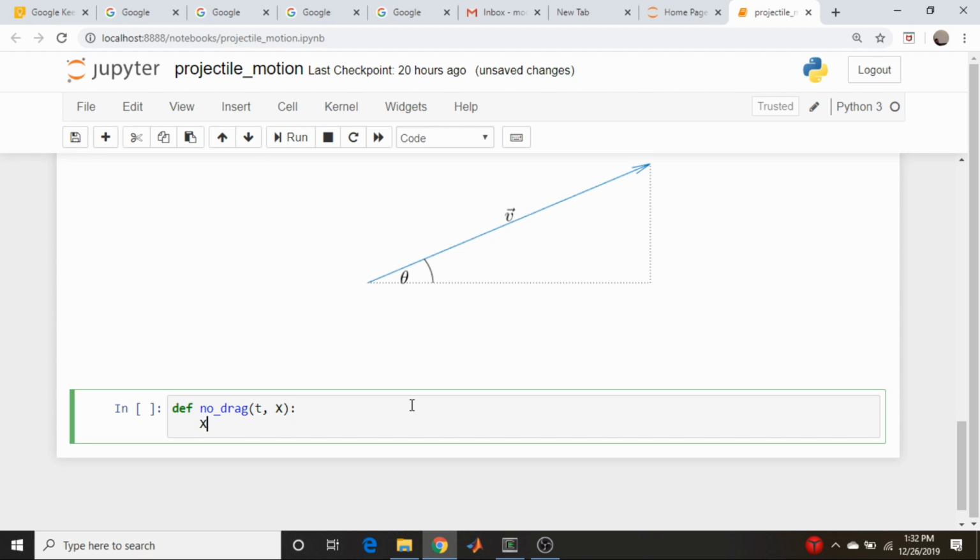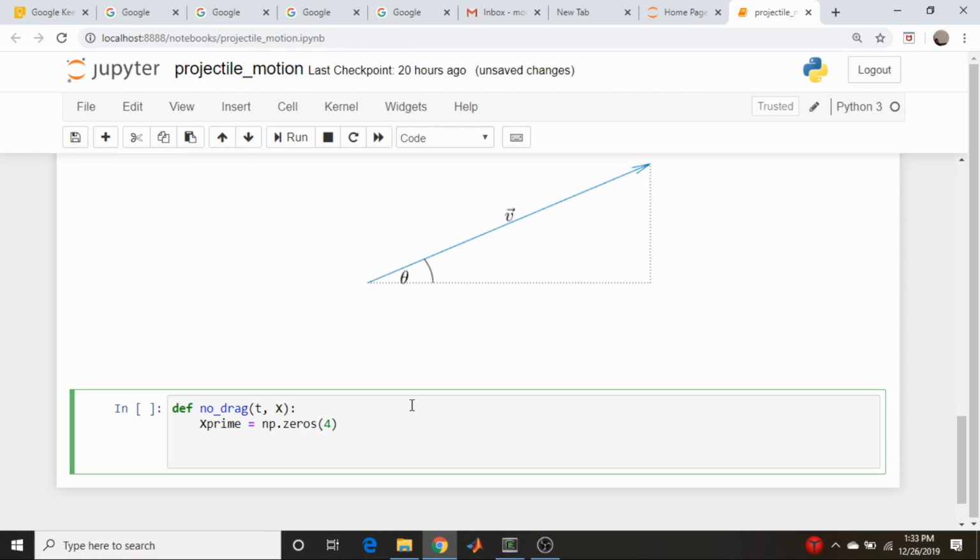Maybe it's a holdover from C days. So I'm going to create a variable called capital X prime, and that is going to equal zeros, with length of 4. So return x prime.